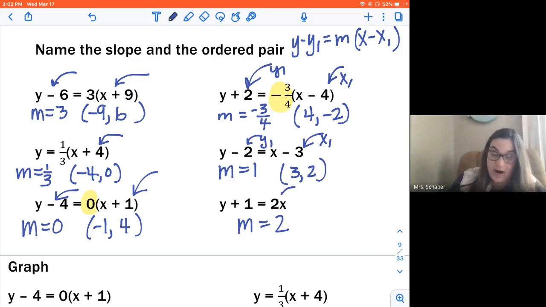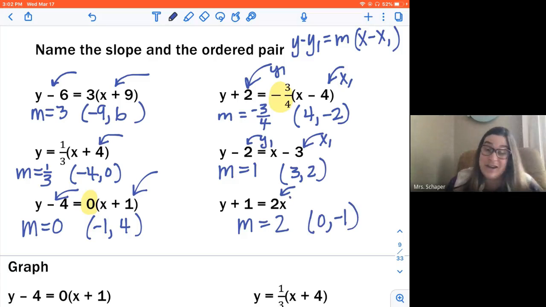That's the one before x that stays consistent from slope form, point slope form, and slope intercept form. And my ordered pair is going to be 0, -1. 0 because there's nothing added to the x, and -1 because I take the opposite sign and then 1. All right. So when you're looking at these, those are the main pieces that you want to see. We want you to be able to identify the slope and the ordered pair.